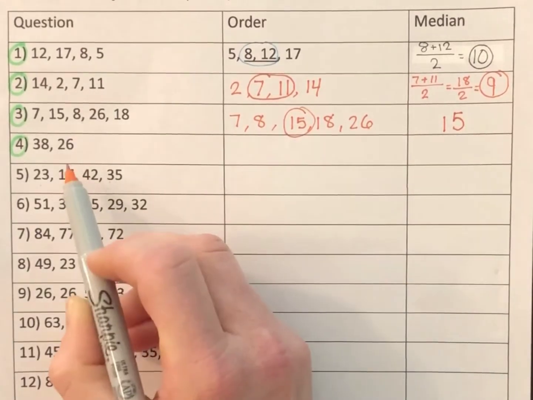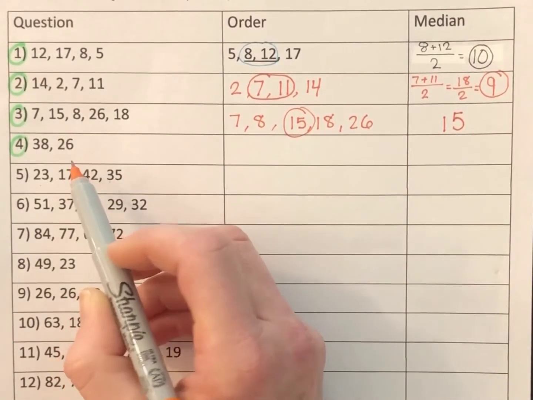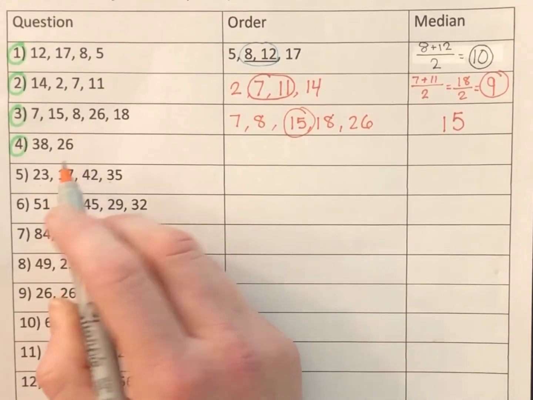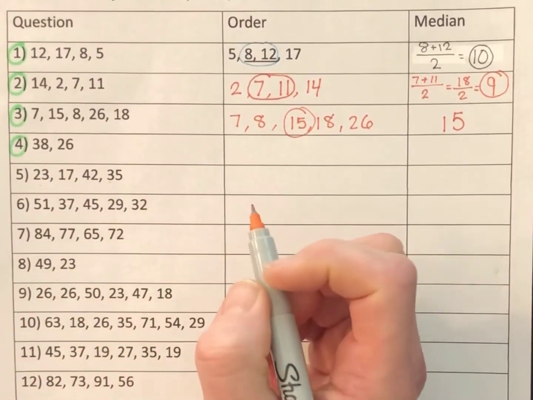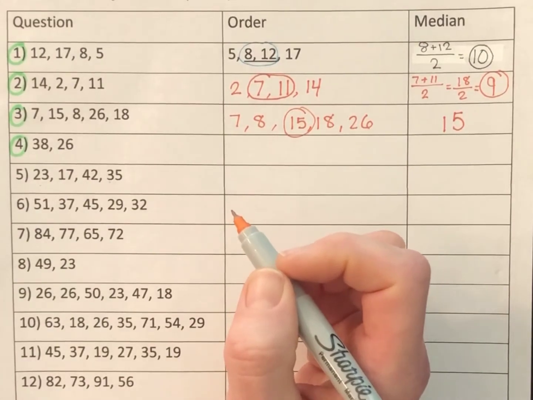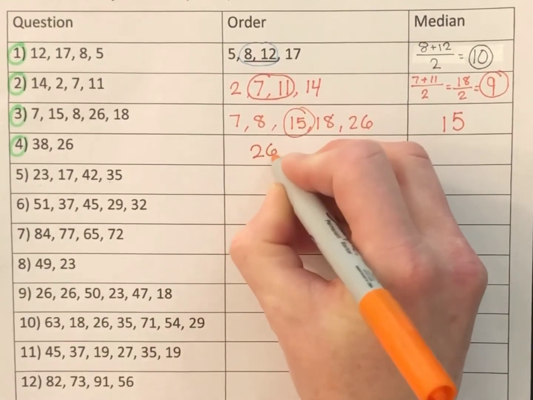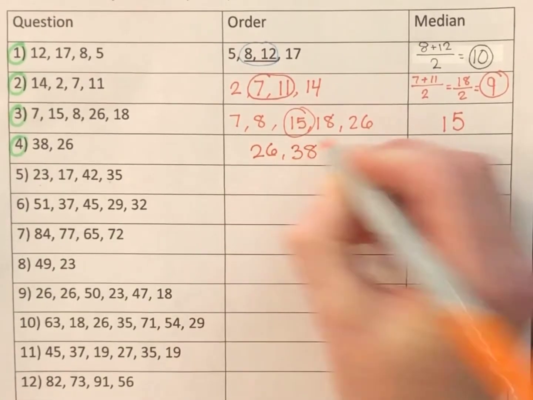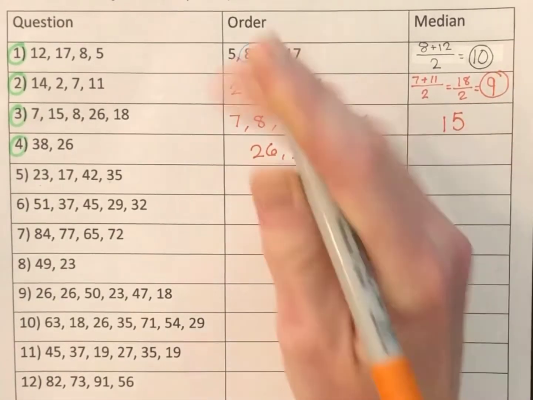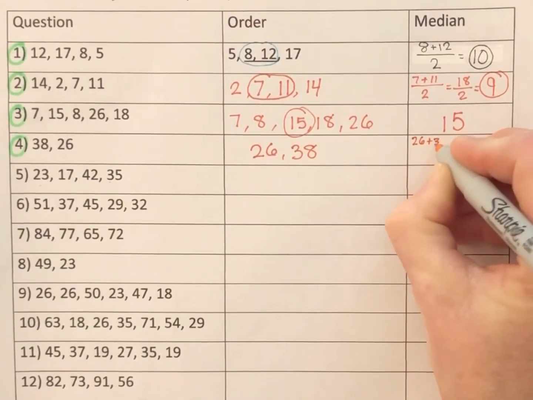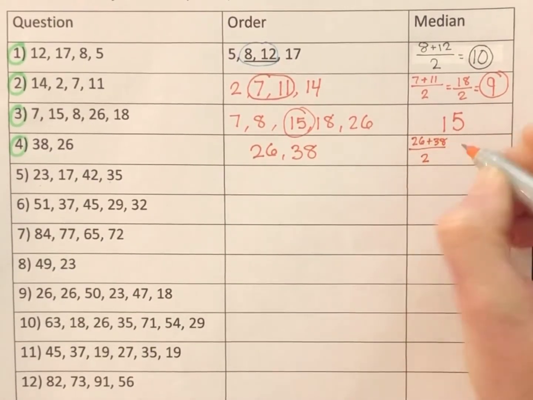And then number 4, just in case you weren't sure, I want to make sure you know how to do it. This is super easy, but sometimes when you stick something easy in, people expect hard, and then it confuses them. So let me just make sure in case you have any doubts. 26 and 38, put them in order. There is no absolute middle number, so I'm going to add them together. 26 plus 38, divide that by 2.